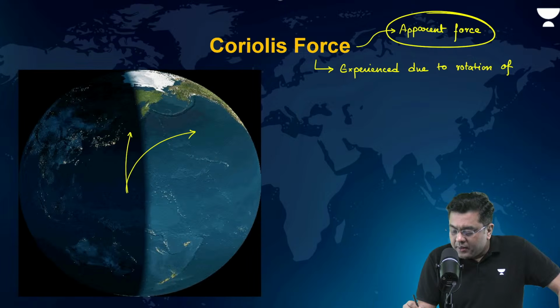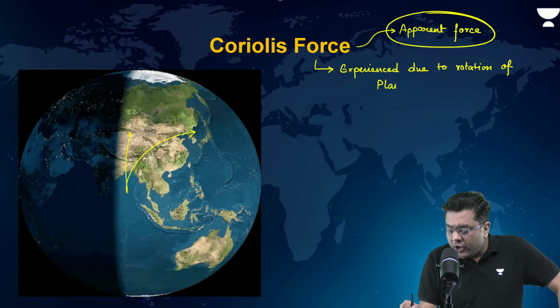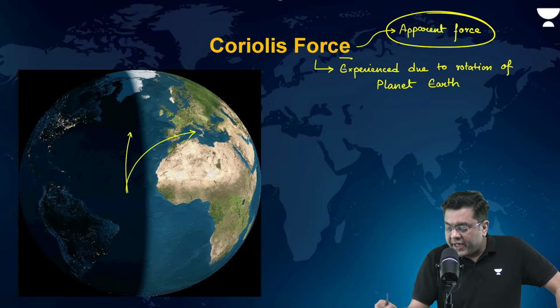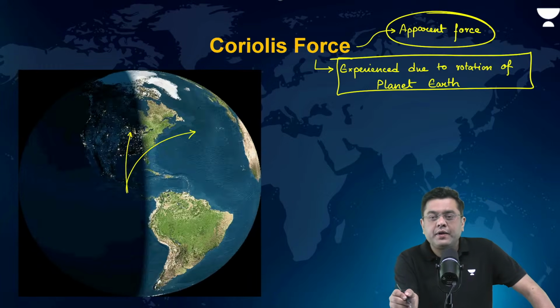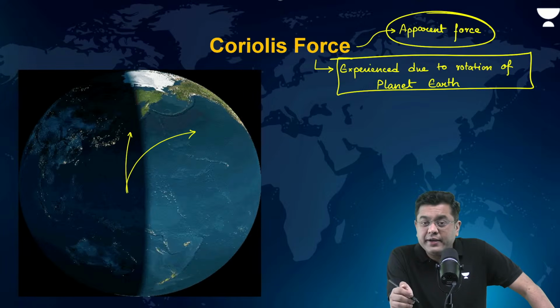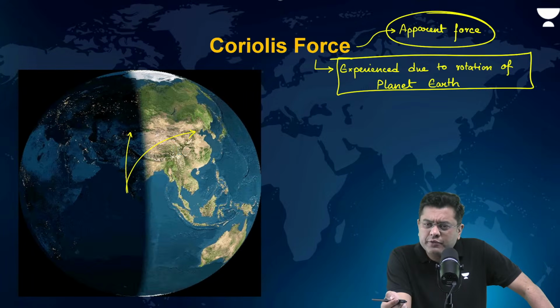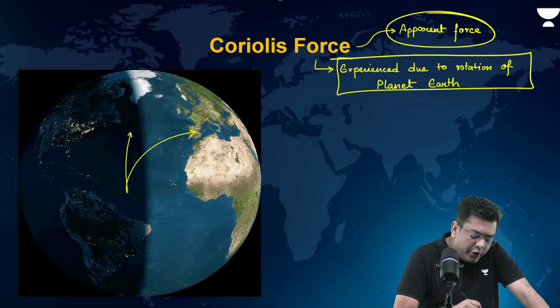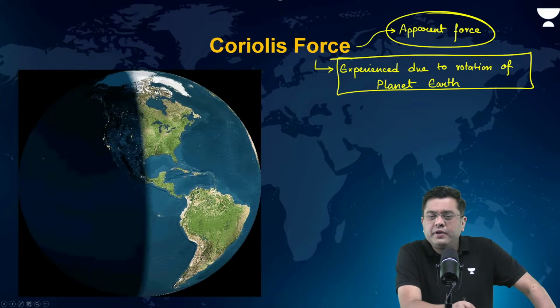Had Earth not been a rotating object, you would never have experienced Coriolis force in action. So it is experienced because of rotation of planet Earth. But why? Because of rotation of planet Earth. So here, let me introduce you to the concept of linear speed.